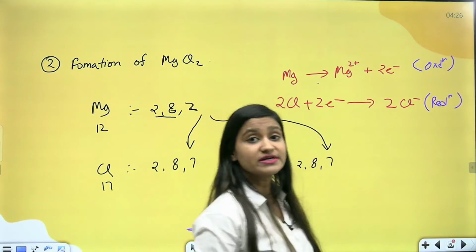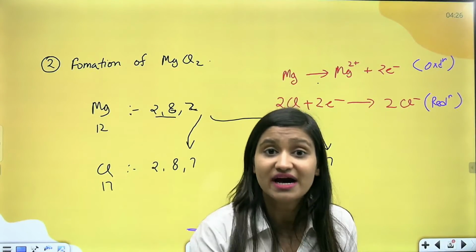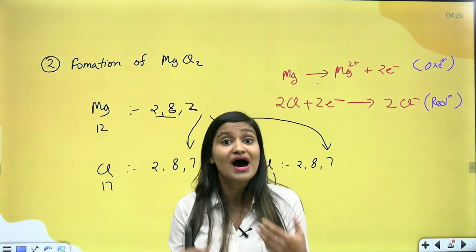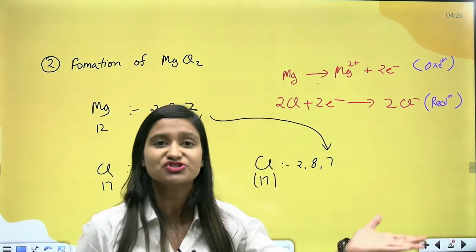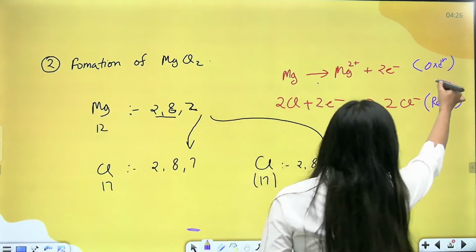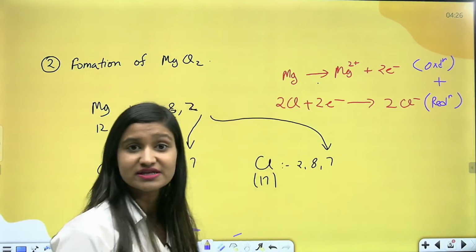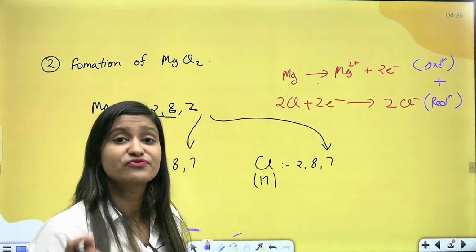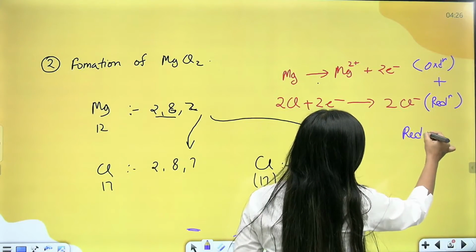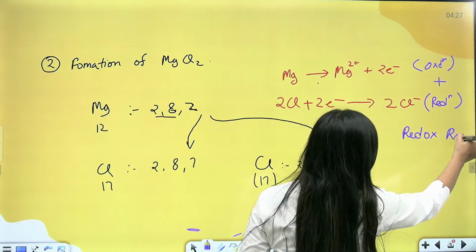So wherever oxidation and reduction take place simultaneously, oxidation is happening and reduction is also happening, that type of reaction is called a redox reaction.